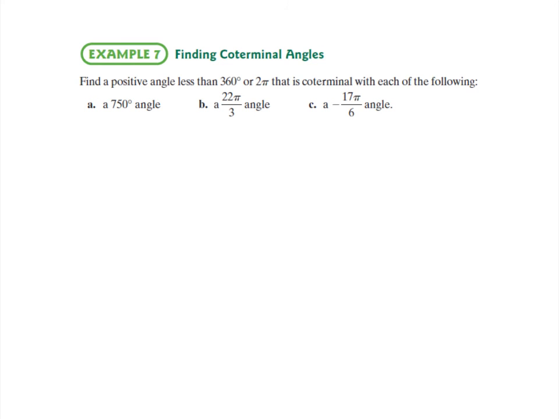So 750 minus 360 gives us 390 degrees. That's not less than 360, so I need to do it one more time. And that gives us 30 degrees. So here, 750 and 30 are coterminal.